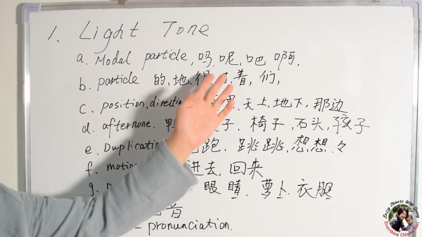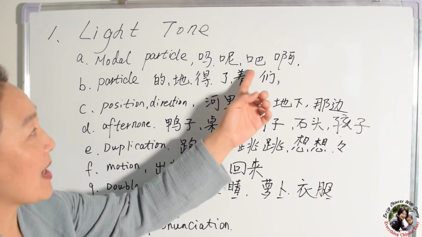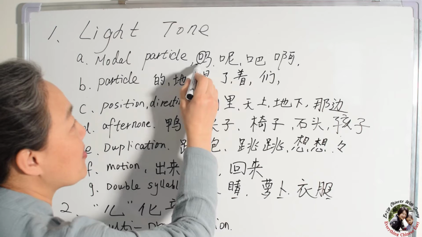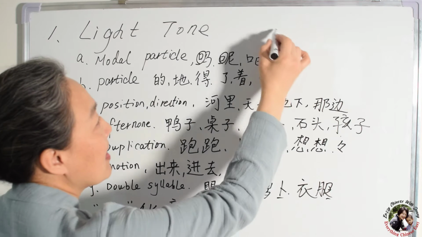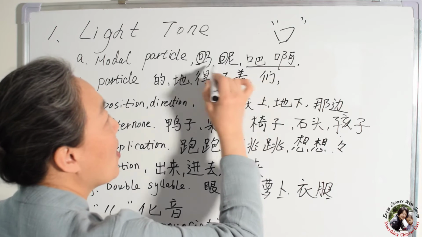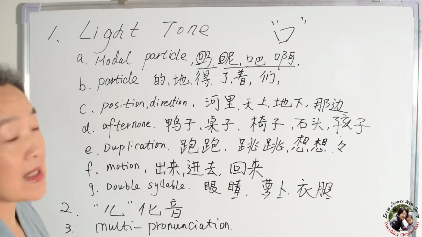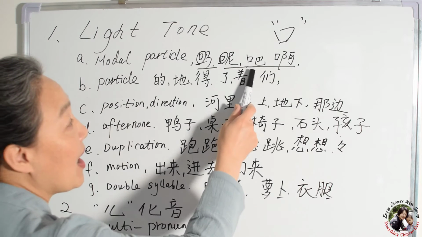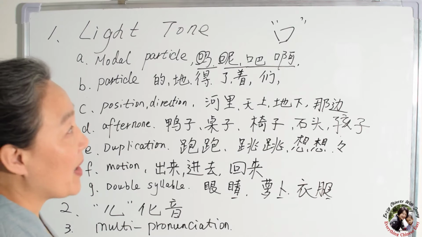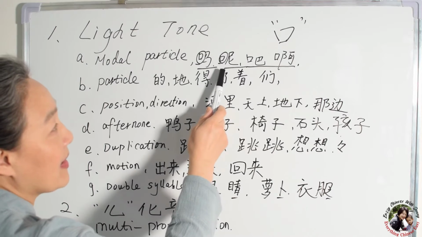For example, last time I gave you an example about this character. See, they all started with this particle, mouse. Remember, this means mouse. So these are always used at the end of the phrases or the sentence. Last time I said, 好吧, fine. Do you like to have a cup of tea? 好吧, yes, fine. I like a cup of tea.